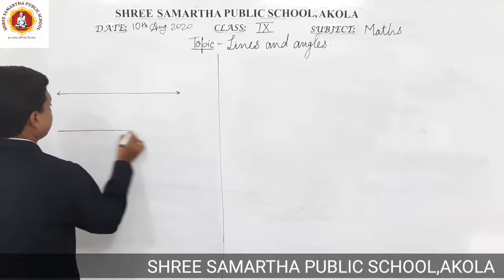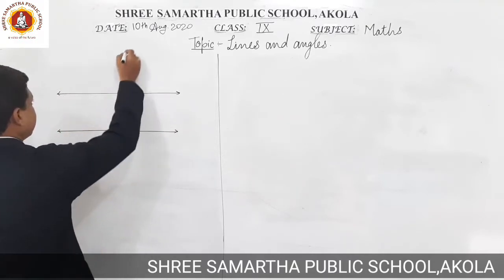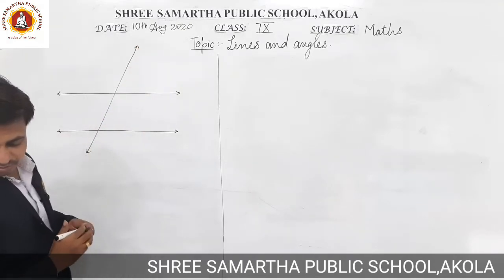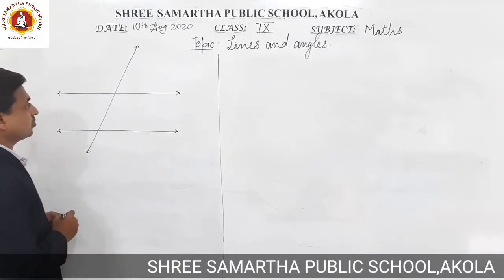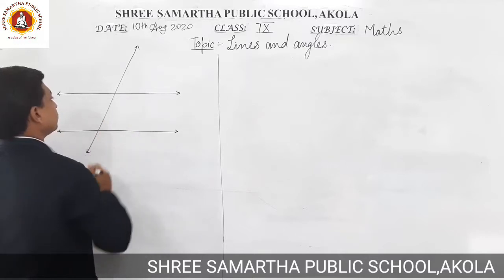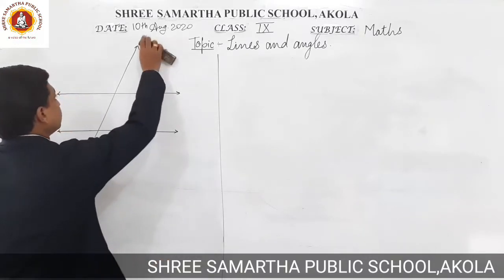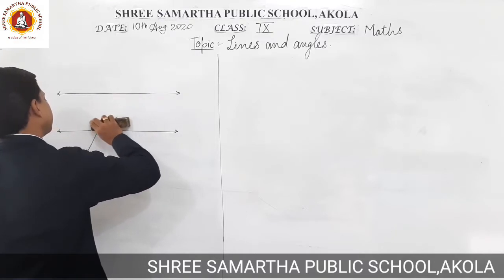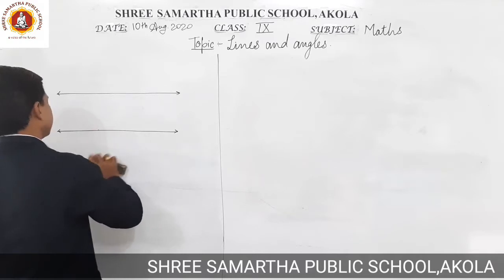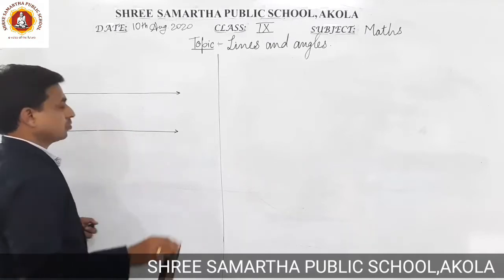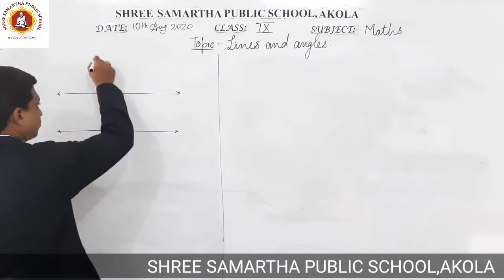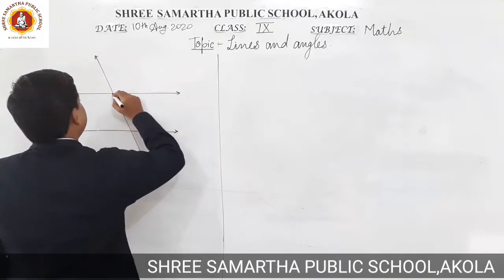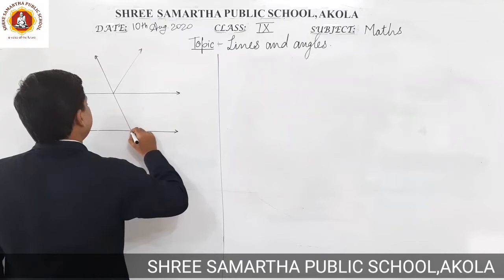See, these 2 lines are given here, and this is the transversal, and these rays are the bisectors of corresponding angles.